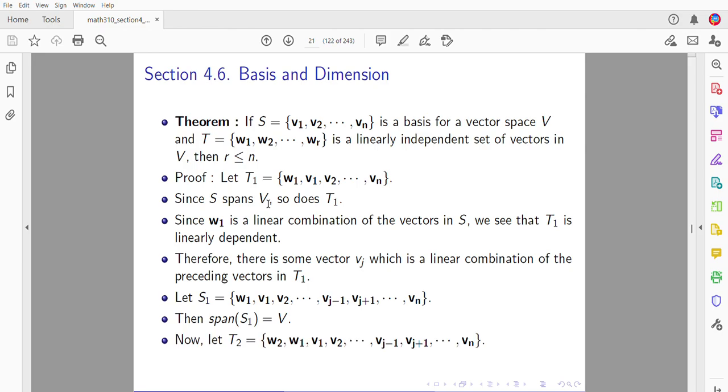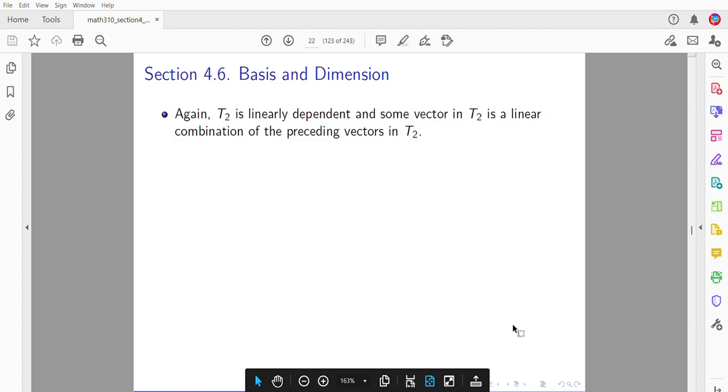Now, take this S1. So notice what we did to S. To S, first we added W1, and then because of dependence, we dropped some Vj. Now we are adding W2 to S1, and we are checking for its linear dependence. It will be again linearly dependent.